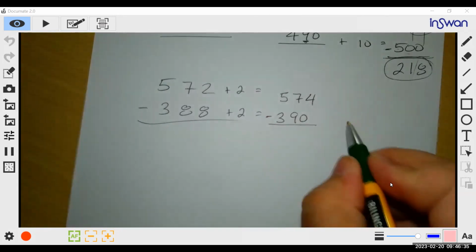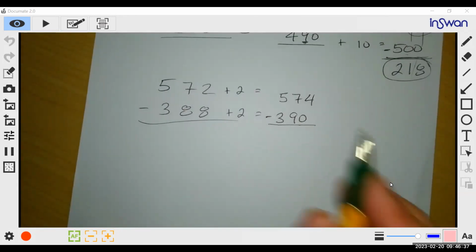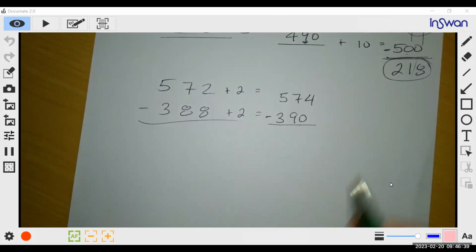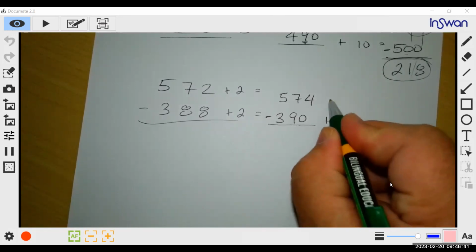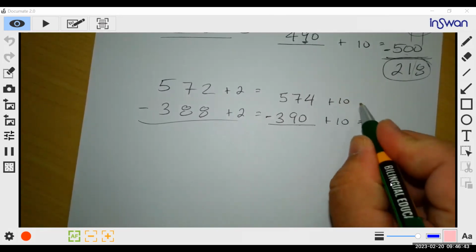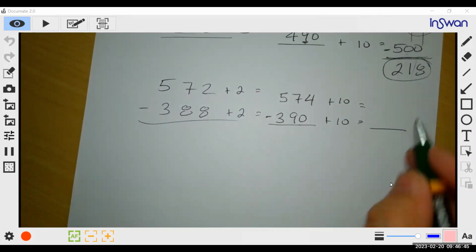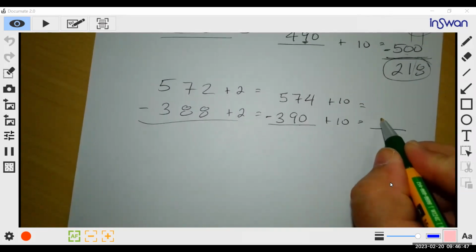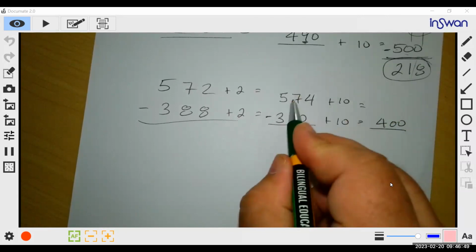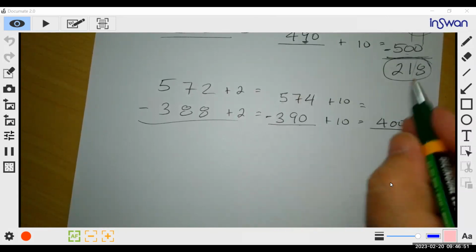There's still a subtraction. Now what do we add to get rid of the 9? Very good. 390 plus 10 is 400. 574 plus 10 is 584.